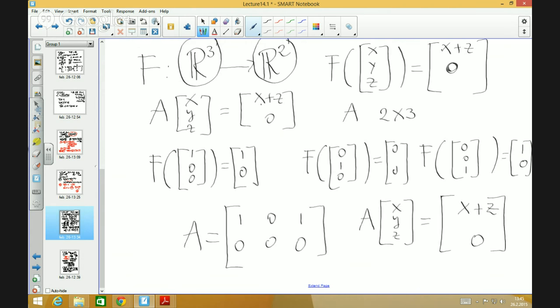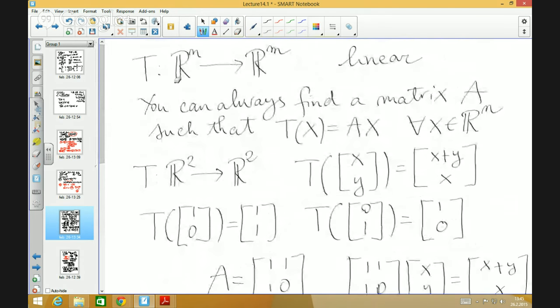But so what's the recipe? Well, the recipe is as follows. You look at your linear function, which goes, in the general case, from Rn to Rm. You want to figure out what matrix induces this linear transformation? Easy, elementary, Dr. Watson.